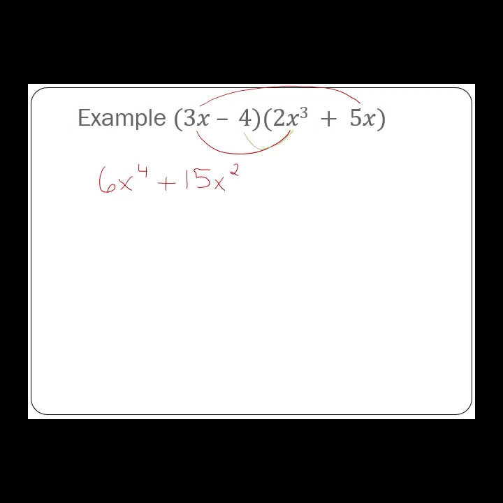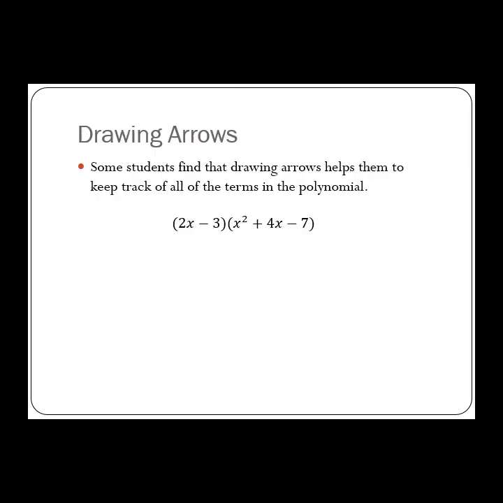Inner is these 2 right here. -4 times 2 is -8x cubed. And then last is the -4, that's -20x. In this case, we actually don't have any like terms, so we are done, and that is our final answer.